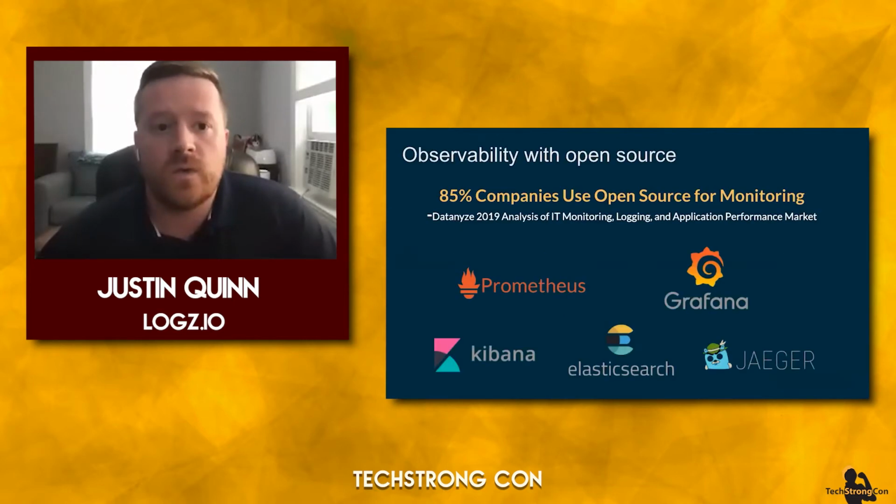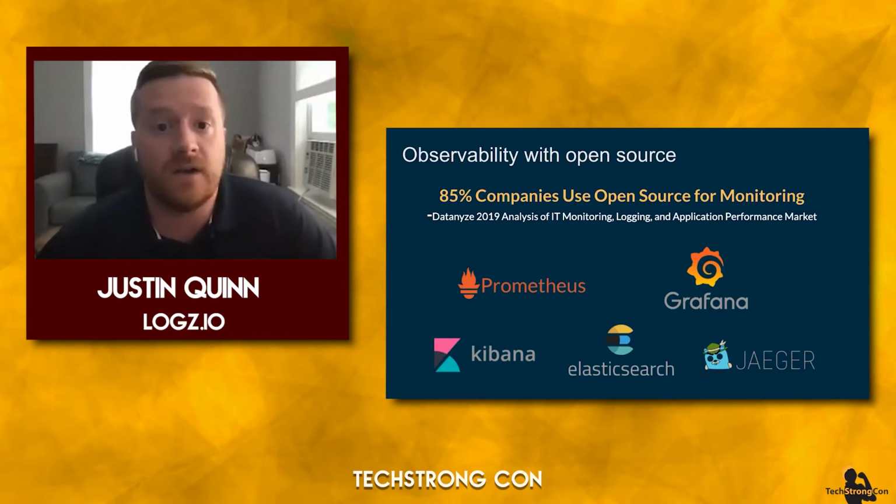What we can see here from this slide is a Data&I survey that was conducted in 2019, and it stated that 85% of companies use open source tools for monitoring. You can see listed on the slide here a few different open source tools. Front-end visualization tools like Grafana can be used with Prometheus and Elasticsearch to visualize metrics data.